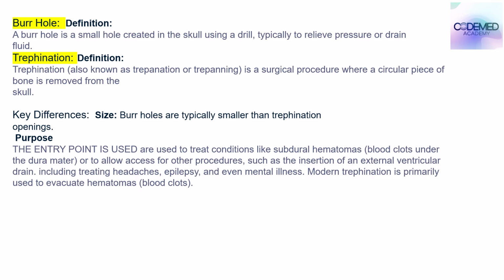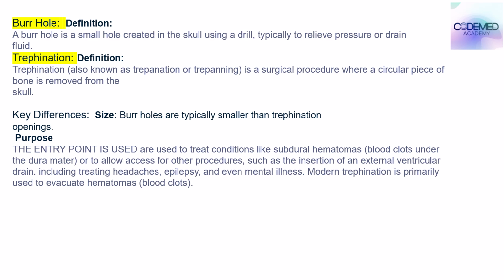Okay, and the entry point is used to treat conditions like subdural hematoma, or to allow access for other procedures such as insertion of an external ventricular drain, including treating headache, epilepsy, or even some mental illnesses.